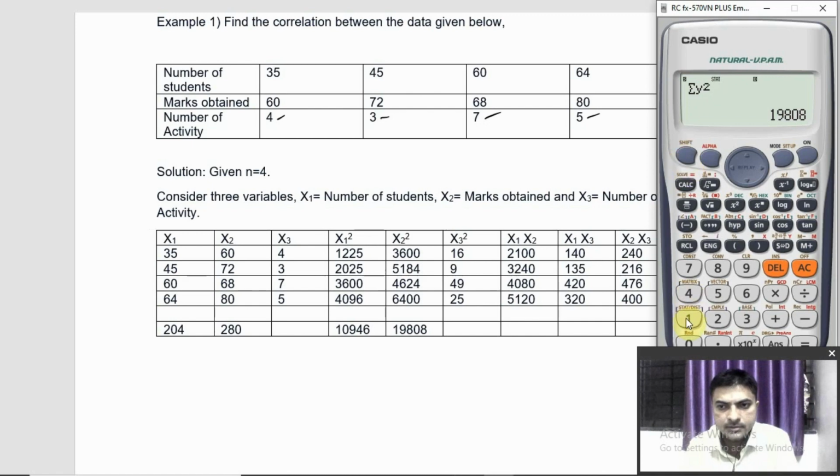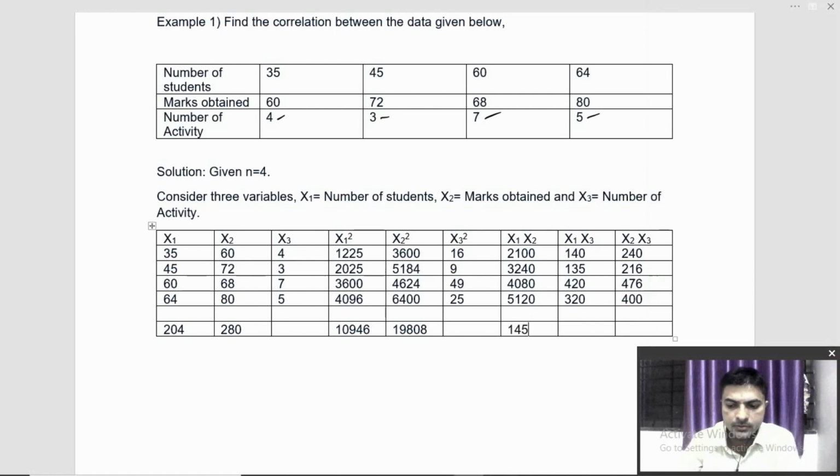Directly we can see shift again, shift 1 3, yes, summation of xy, that is 5. Summation of xy will give you x1 into x2, that is 14,540. So like this we get the data immediately without wasting our time. We directly find the correlation.